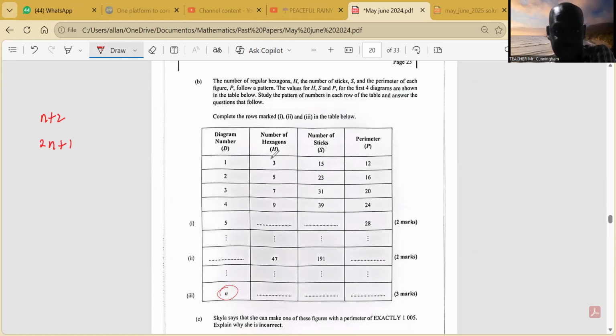All right, because they increasing by 2. So always look at your 2. If they were increasing by 3, it would have been 3n. So this one here will be what? Yeah, it would be 5. So 5 2s are 10 and 1 is 11.